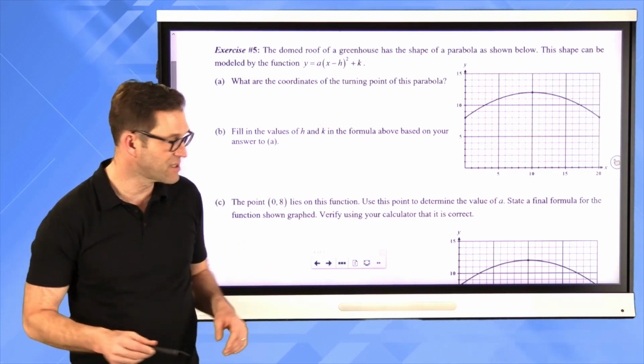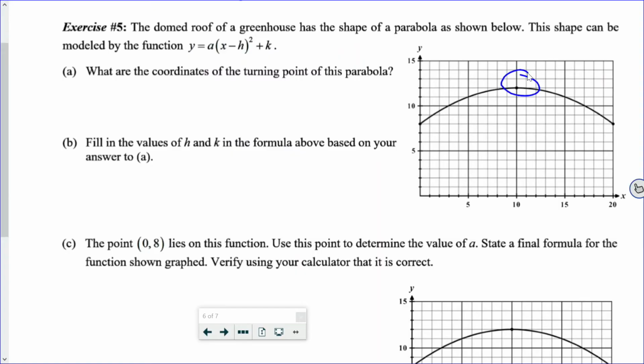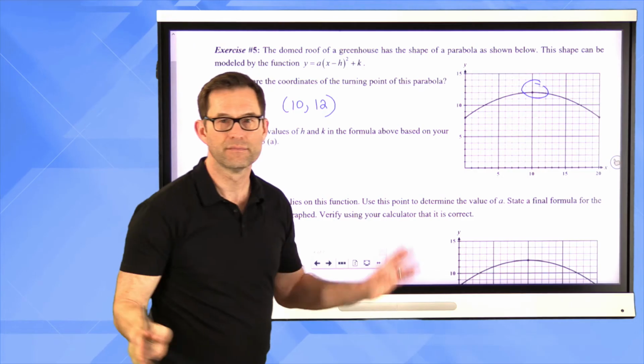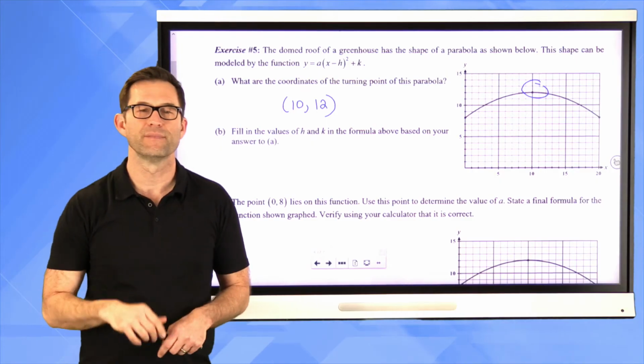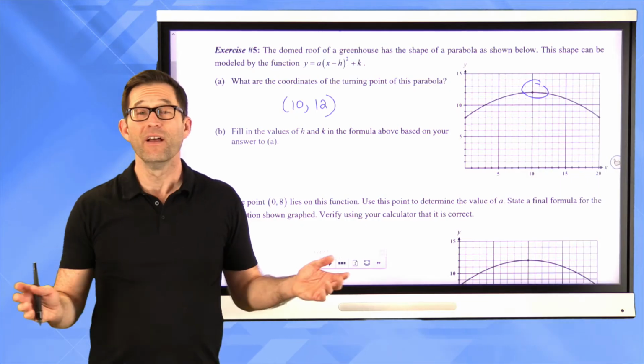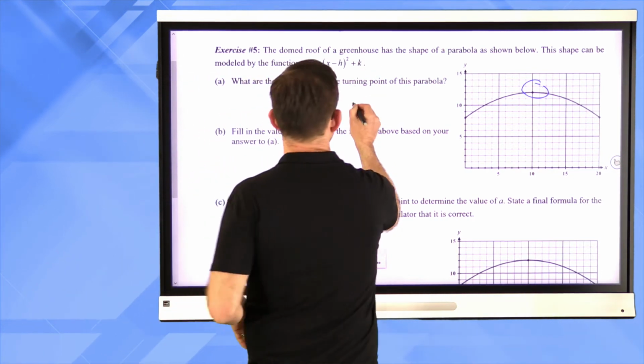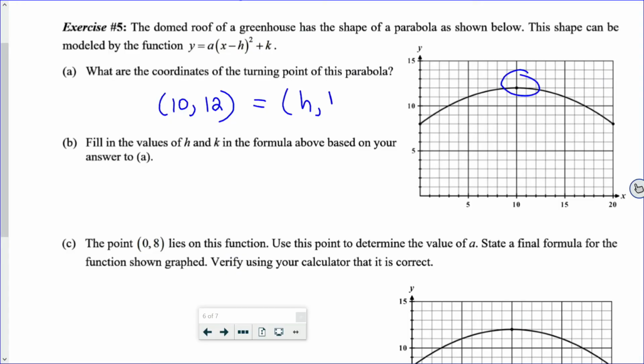All right, well, it's simple enough, right? Turning point's right up here. That's at 10, 12, so easy enough. 10, 12, no problem. Let's take a look at letter B. Fill in the values of h and k in the formula above based on your answer to A. All right, so in other words, these are the values of h comma k.